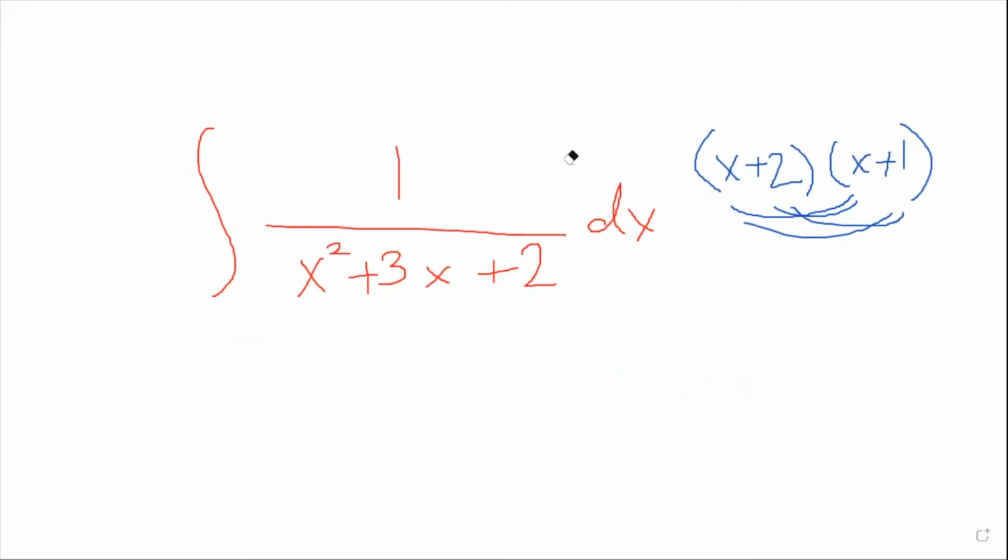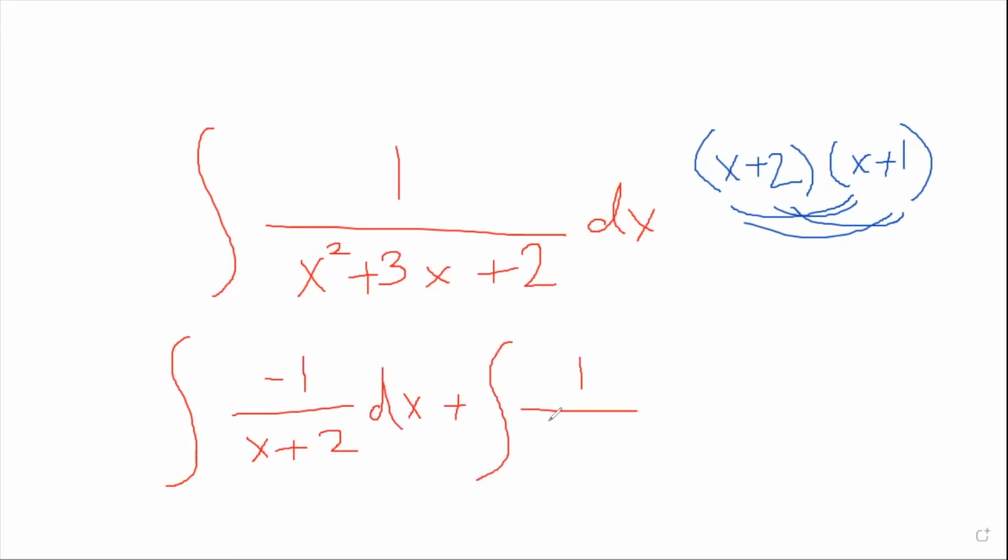Applying it to the problem at hand, this integral can be, remember we had a negative 1 over this x plus 2 part, and then we're going to add it to the 1 over x plus 1 part.